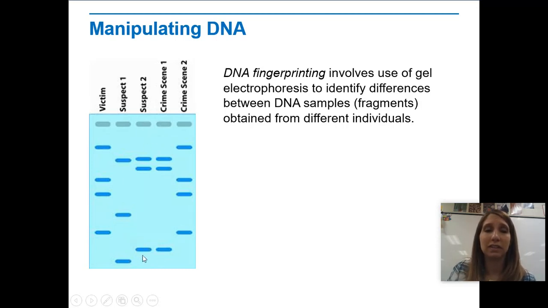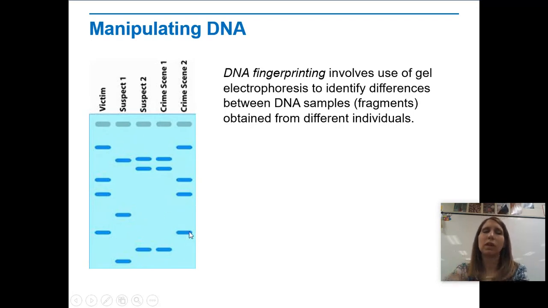And you could see here in this image, suspect 2, the DNA was clearly at crime scene 1, right? Those bands are perfectly matched. And at crime scene 1, none of those bands really match anybody else. The victim here was clearly found at crime scene 2, or at least the DNA was there at crime scene 2. And suspect 1 doesn't appear to be anywhere because none of their bands matches with any of the crime scenes, nor does it match with the victim or other suspects.